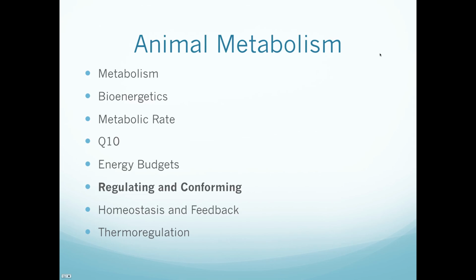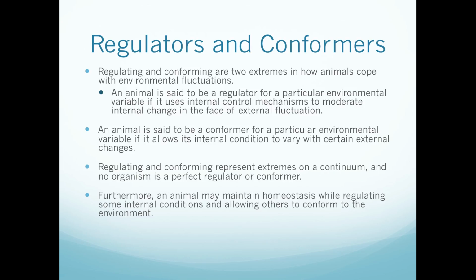Okay, moving on to one of the things I think is kind of cool, which is how organisms regulate and conform to their surroundings. So the two extreme behaviors that organisms can take are regulating their body temperature or regulating their metabolism, and the other one is conforming. This is how, when the environment changes, the two main ways that organisms would cope with that are on two different ends of the spectrum.